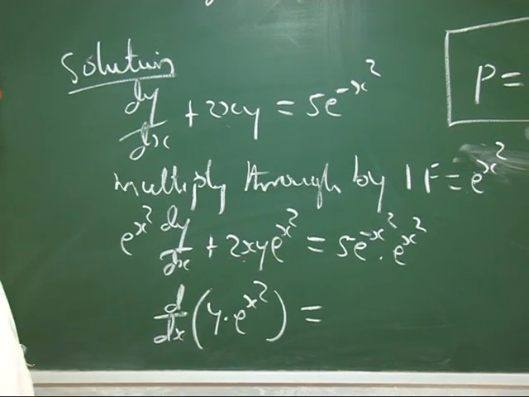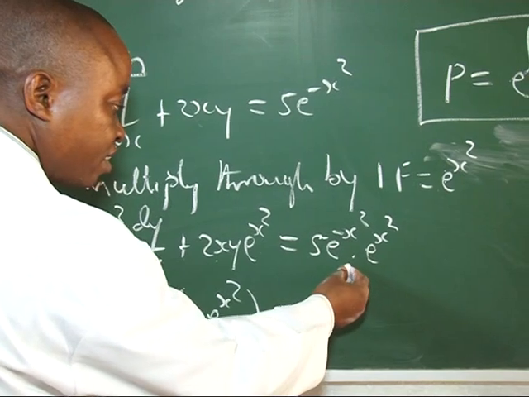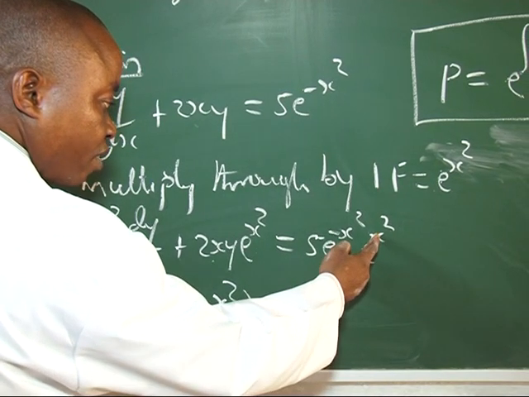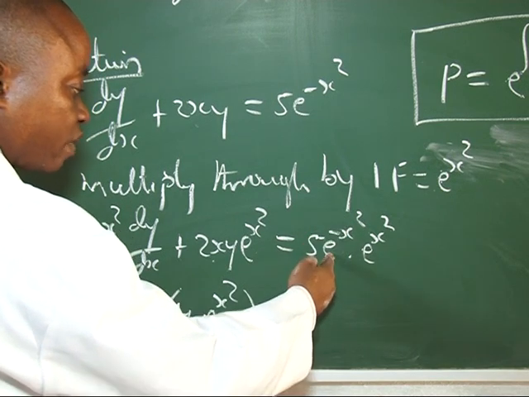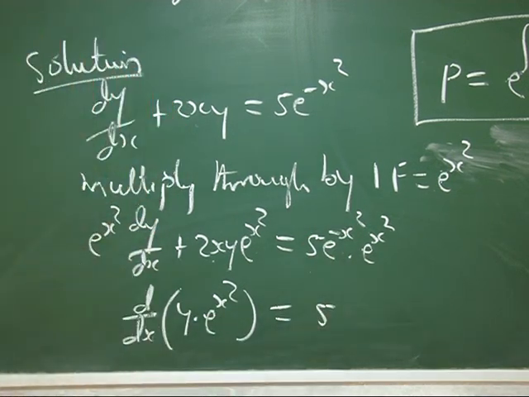So this is the derivative. Now this place, according to the law of indices, if we add the powers, we have 0. Anything raised to 0 is 1. So here remains only 5.